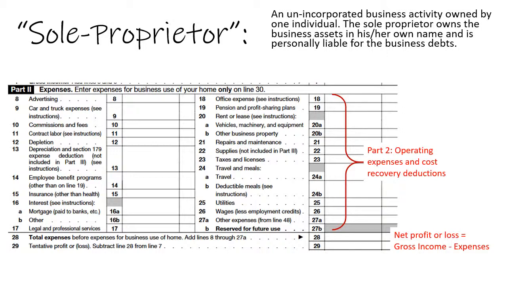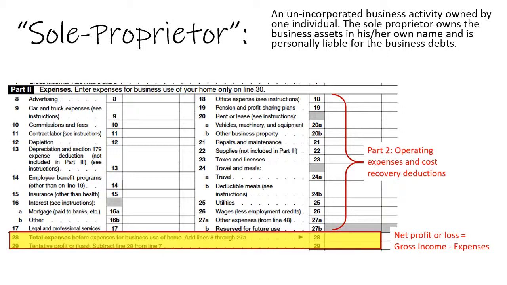The net profit or loss is computed by subtracting the expenses from gross income. Any business income must be reported on the income statement on 1040.